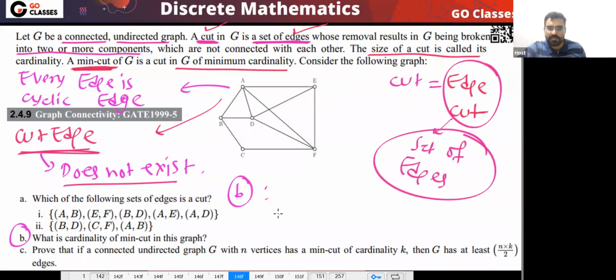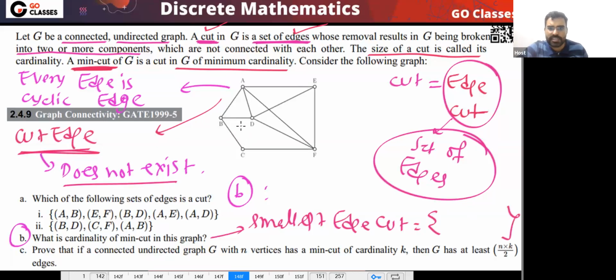So what is the smallest edge cut? That is actually very simple. I have three edges, but can I do it with only two?